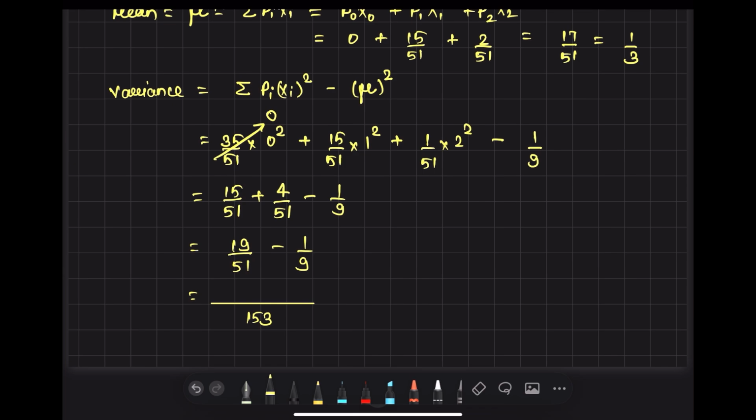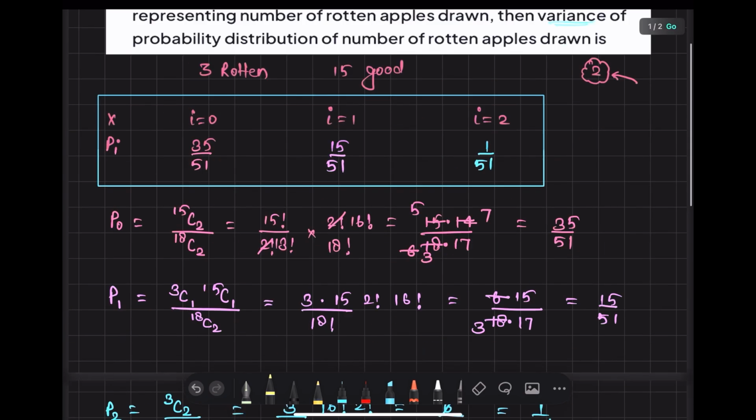Now 3 times 19, so it is 57, minus 17. Now you can simplify things, so we will be left with 40 by 153. So the required variance is 40 by 153.